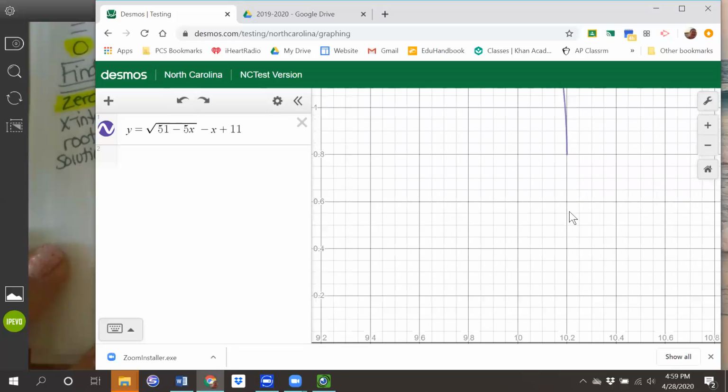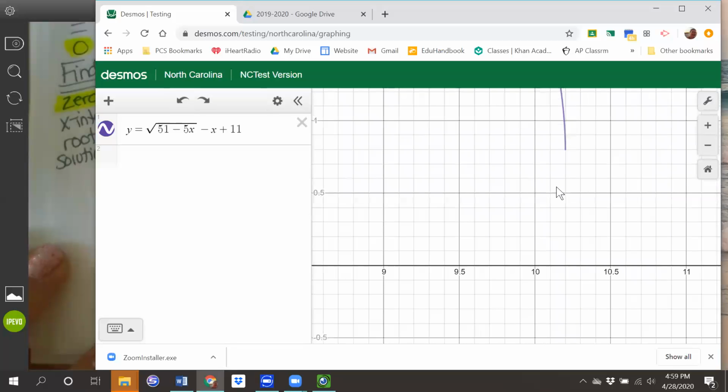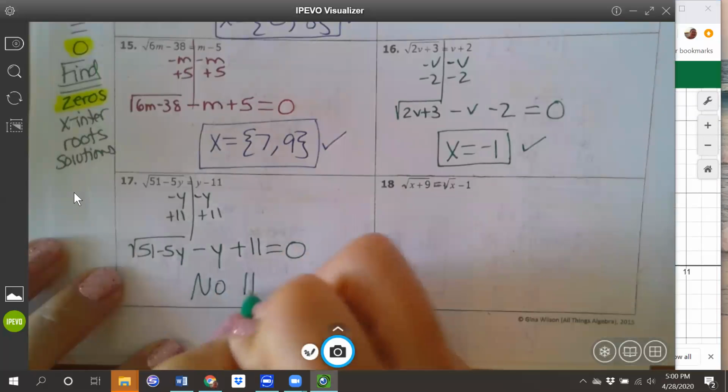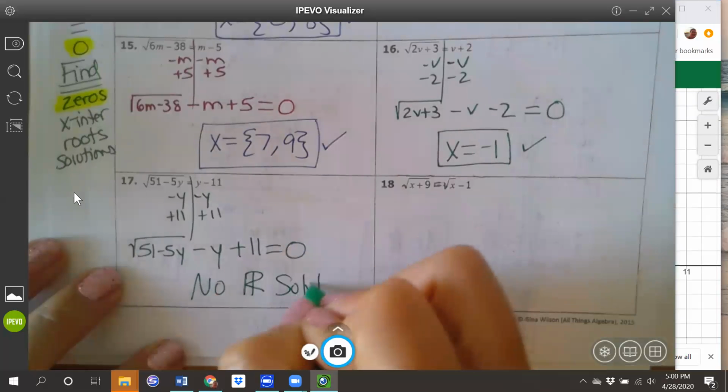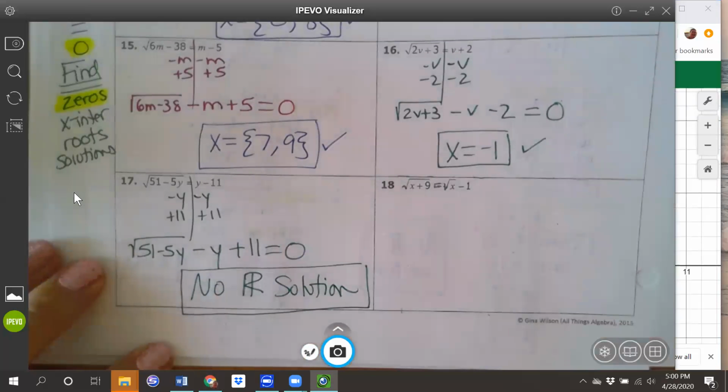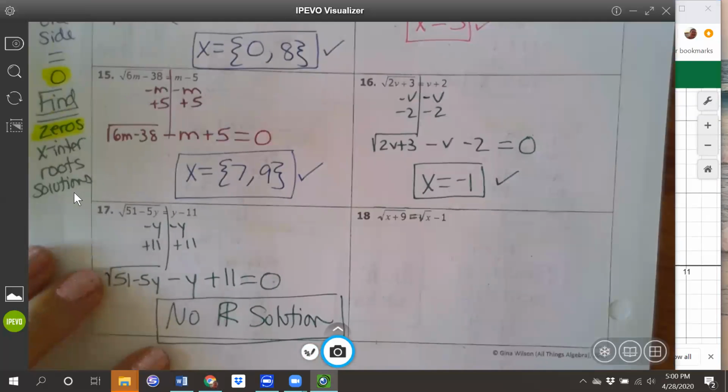What does it mean that it doesn't touch the x-axis? That means that there are no real solutions to this problem. I don't have any x-intercepts. I don't have any zeros, and that's what I'm looking for. So there's no real solution here.